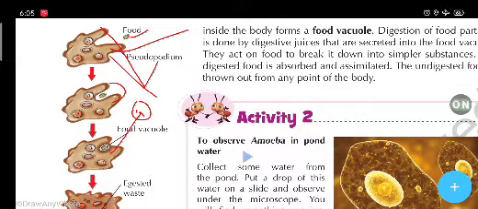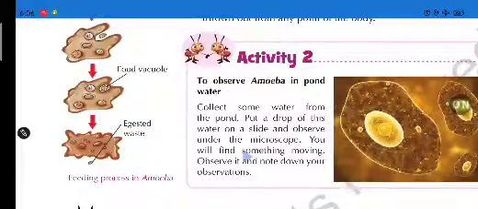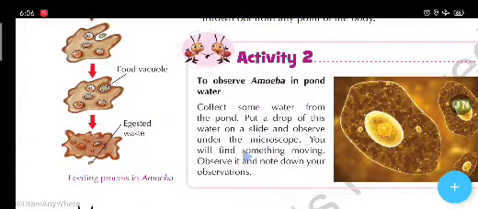After engulfing that food, what happens? The food comes inside the body of the amoeba, and here some digestive enzymes and juices are secreted on the food, which is now inside the amoeba, and the water droplets act like a stomach for the amoeba.